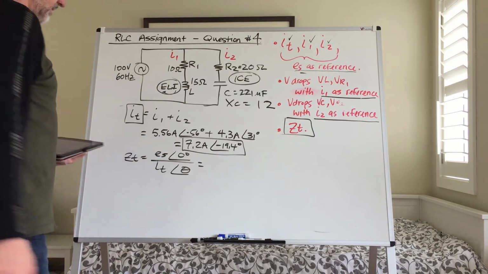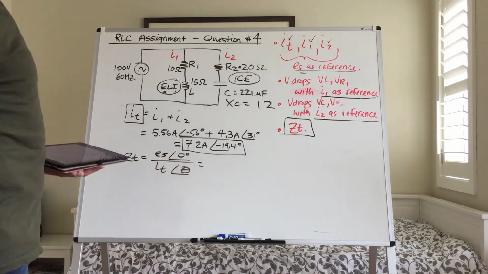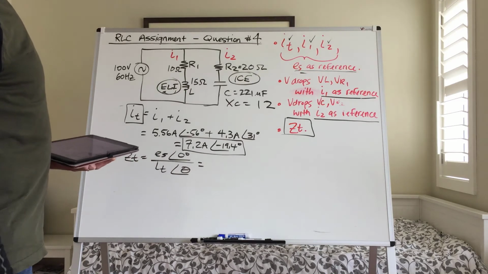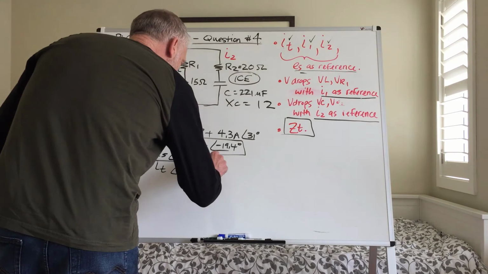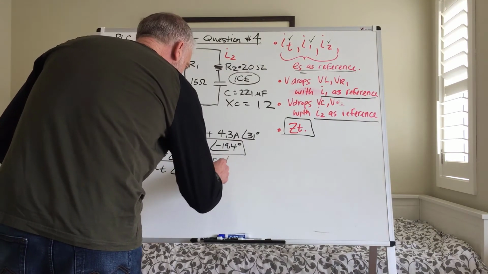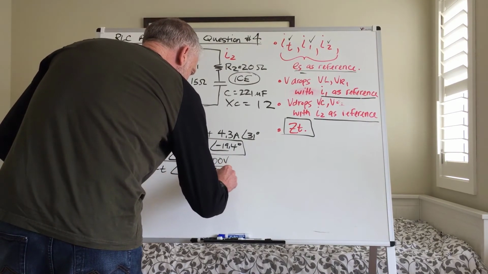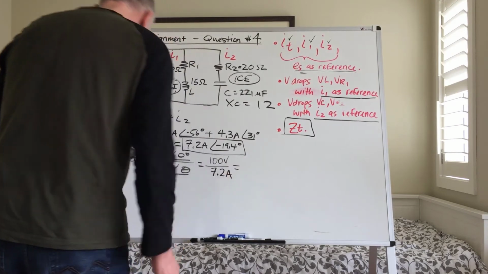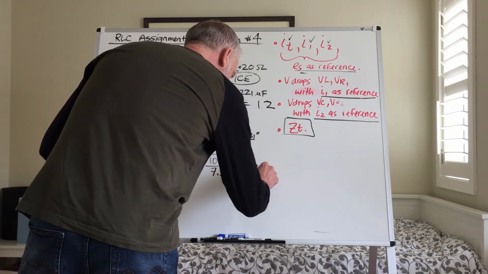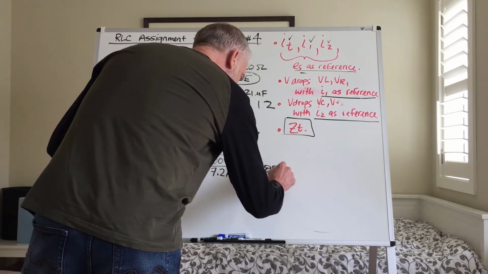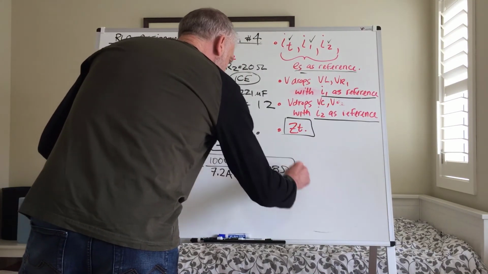So here, when we're asking for Z total and we didn't ask for an angle of impedance, we're just looking for a quantity. I just wanted to make sure that's understood. So all we really need to do is 100 volts divided by 7.2 amps. That's going to give us our impedance, and that's going to be 13.88 ohms of Z total.